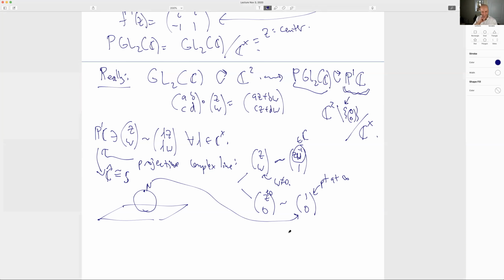Okay, and now let's look at the action. If I have this action, let's say W is not 0, then this point (AZ plus BW, CZ plus DW), I can make W equal 1.